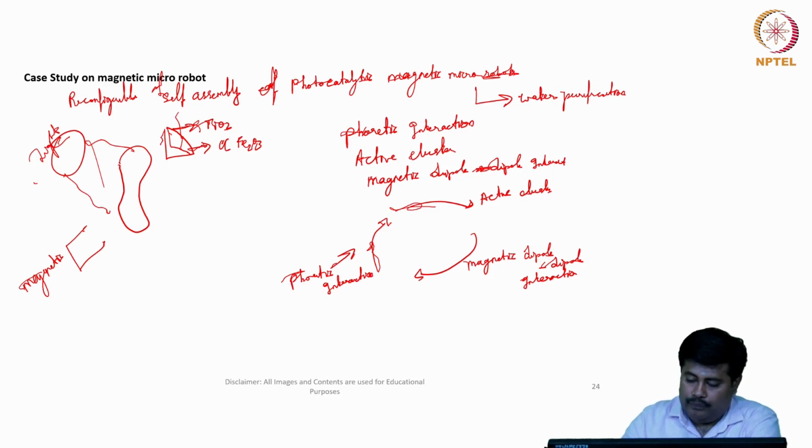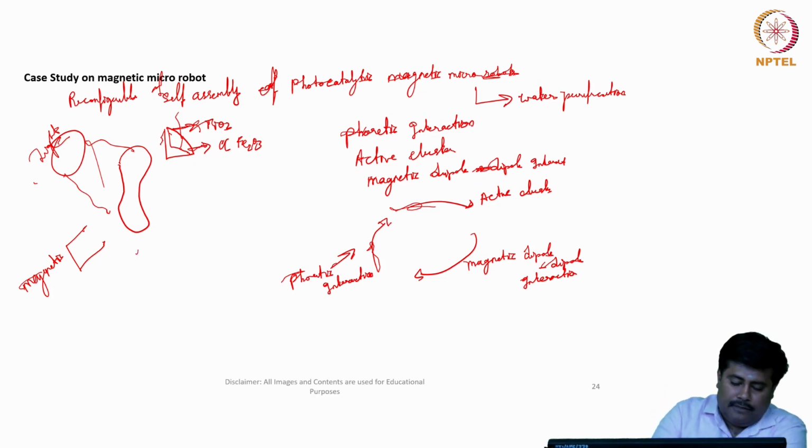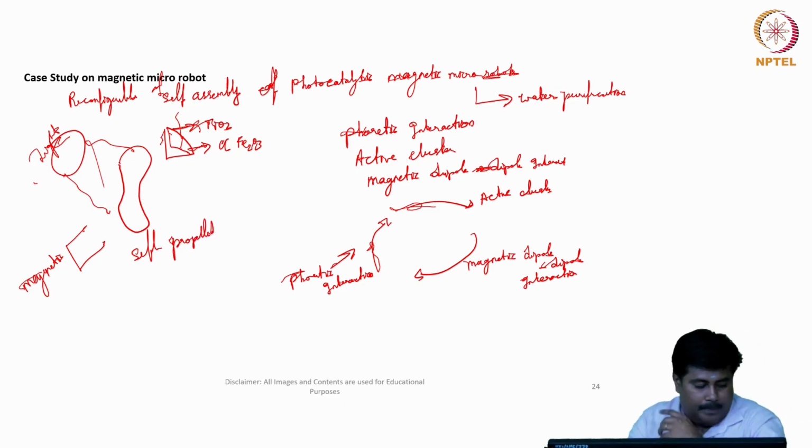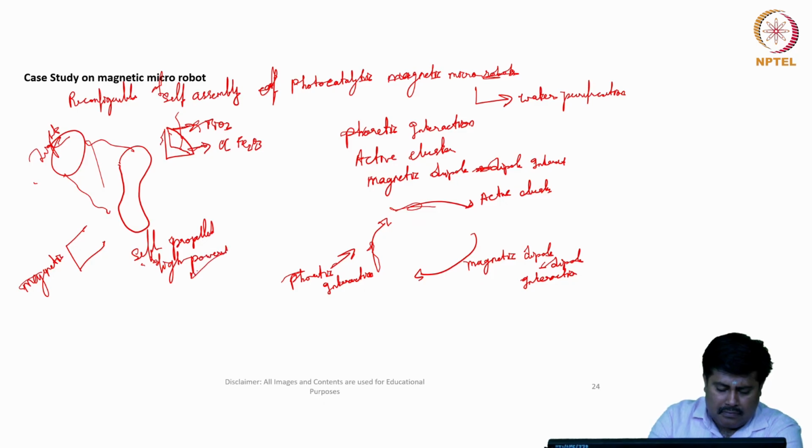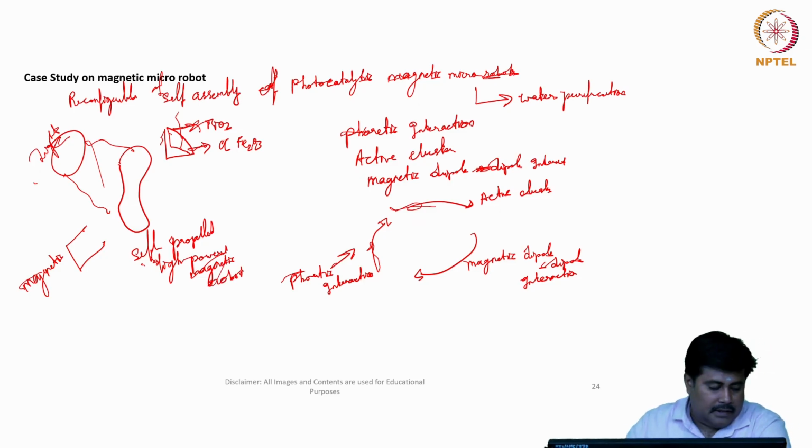Okay, so in this particular case, this is a self-propelled, light powered magnetic system. Magnetic robot, and it's a kind of reconfigurable system.